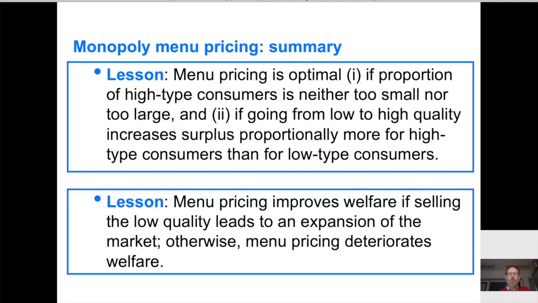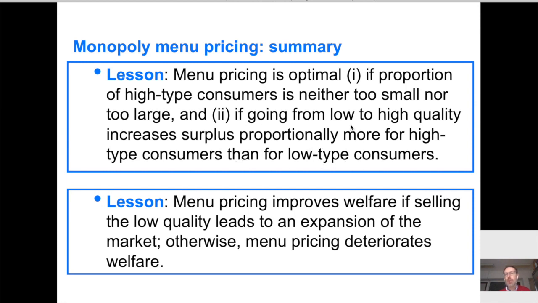Right, so we summarize the results here. First of all, menu pricing is optimal if the proportion of high-type consumers is neither too small nor too large. High-type consumers, in our example, are universities. And second condition, if going from low to high quality increases surplus proportionally more for high-type consumers than for low-type consumers.